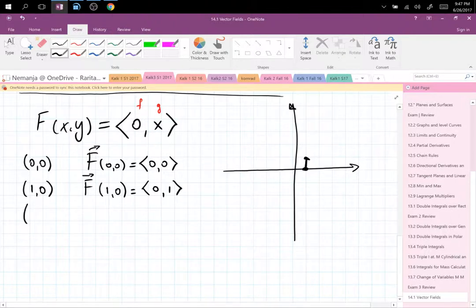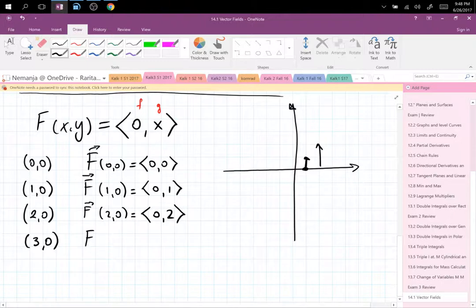All right, let me see what's happening at 2, 0, say. At 2, 0, I'm getting a vector 0, 2, because x is equal to 2. So the f component is always 0, and the y component is whatever x gives us. So it seems that that's the one that I get.